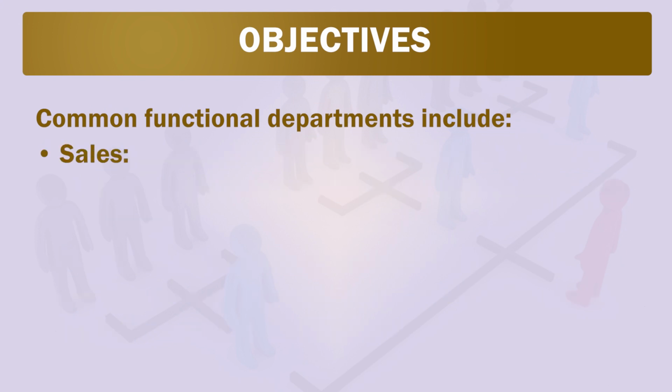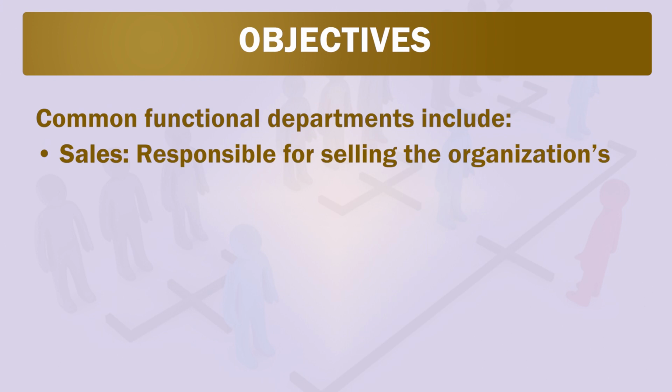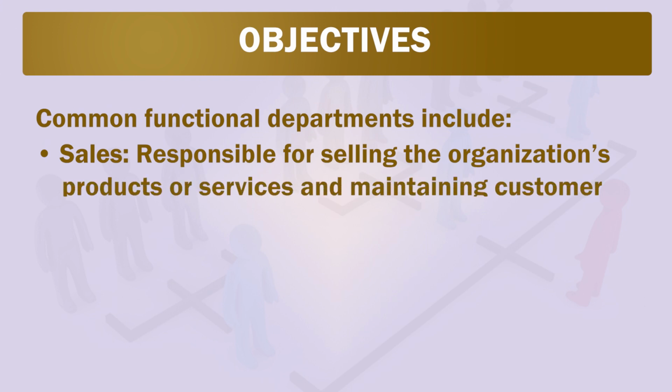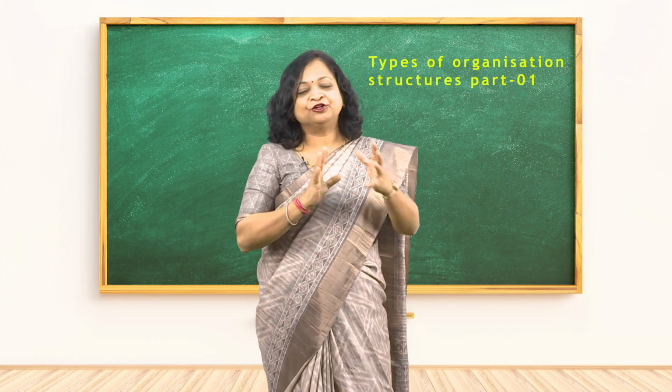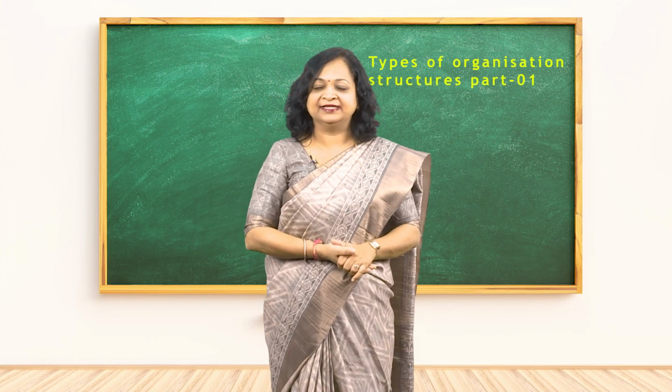Another department is sales. Sales is responsible, as the name suggests, for selling the organization's products or services and maintaining the customer relationship, which is very important. So, these are the normal functionalities, friends.